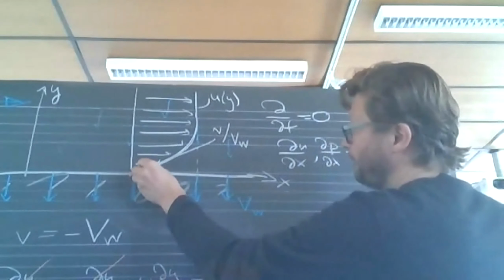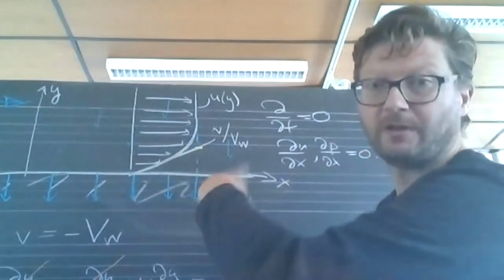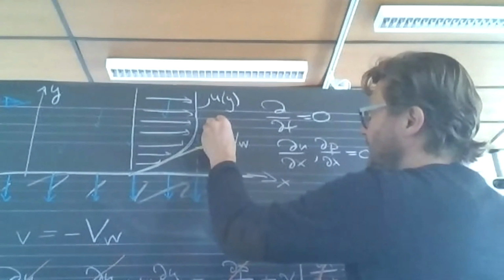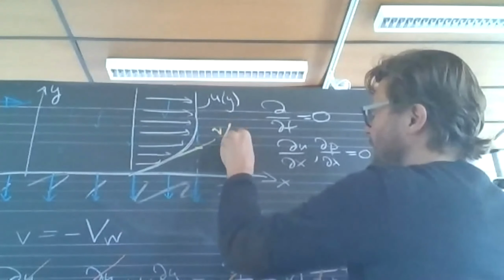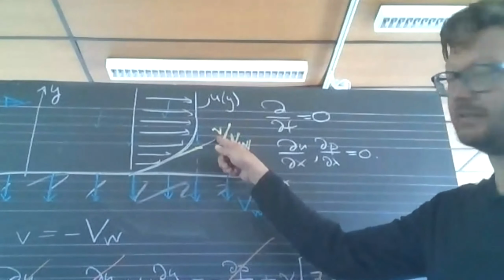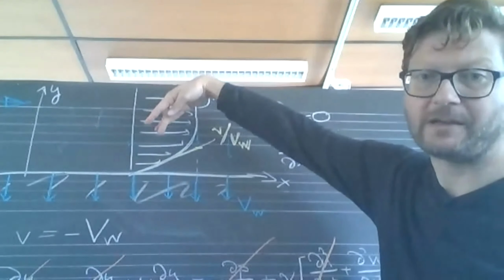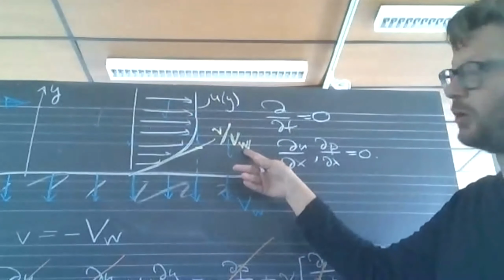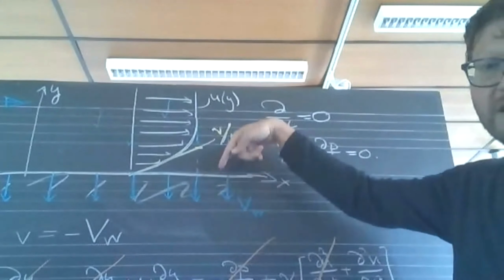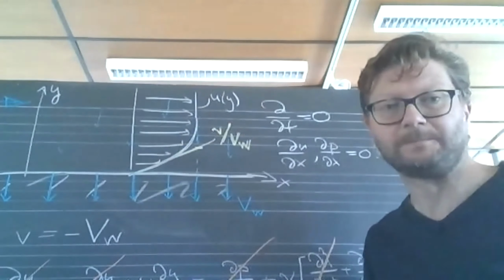The slope of the exponential decay is given by nu over VW. What does this mean? The more viscous it is, the thicker the boundary layer becomes, and the more we're sucking, the higher VW, the thinner the boundary layer becomes.